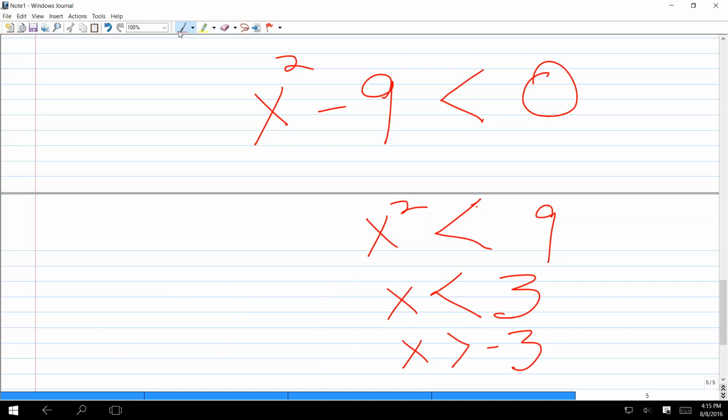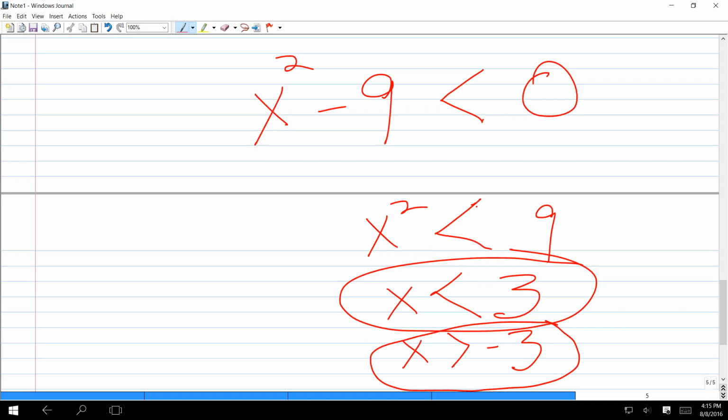If this was an equation and I said x squared is equal to 9, then x would be equal to plus or minus 3. But because it's an inequality, and I have x squared is less than 9, when I take the square root of that, the plus side stays that, but on the minus side, I have to reverse the sign.